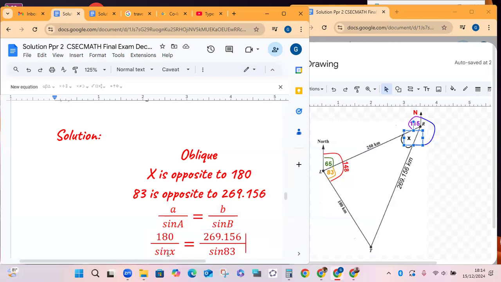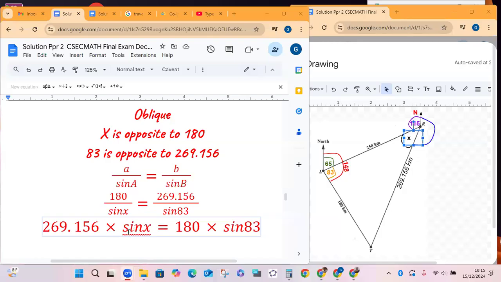Now we've got to cross multiply. 269.156 times sine x is equal to 180 times sine 83. And now we have cross multiplied, so let us divide. We have to divide by 269.156 to cancel it out, because bear in mind it's x we are trying to find. So we are applying cross multiplication and division.